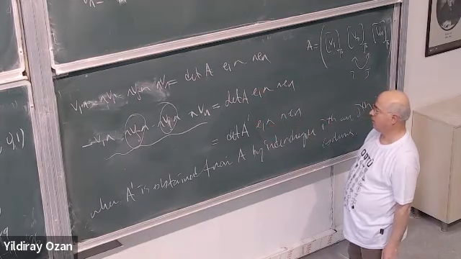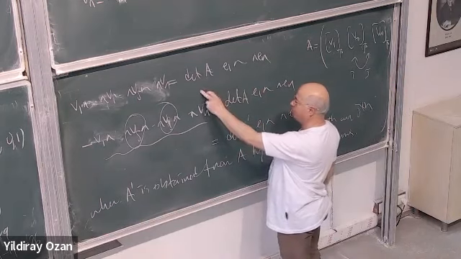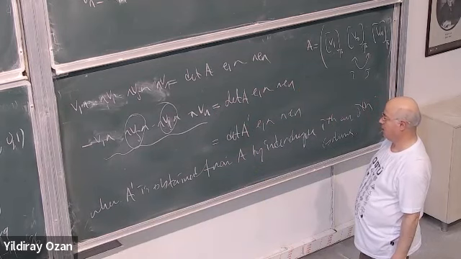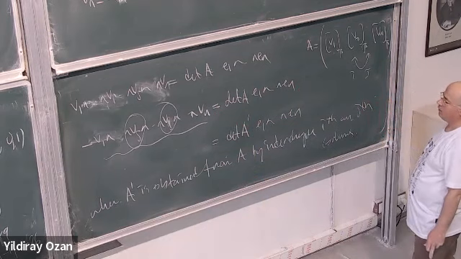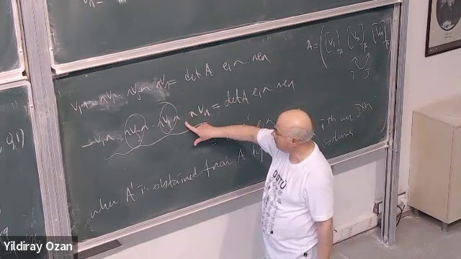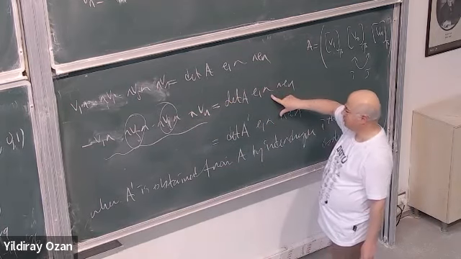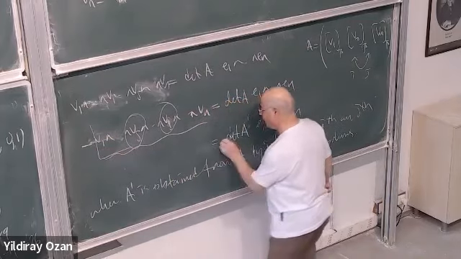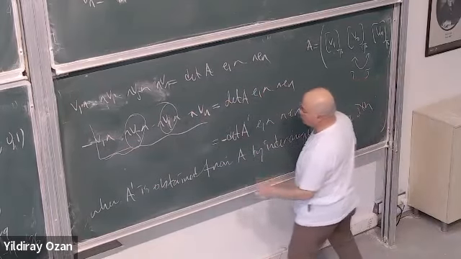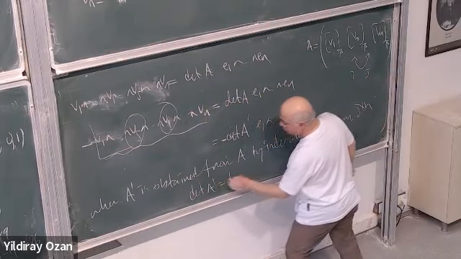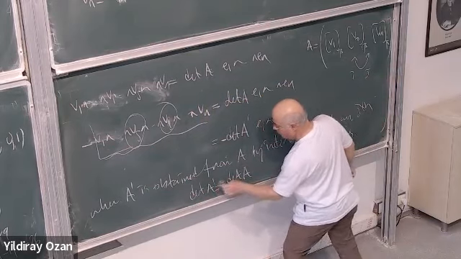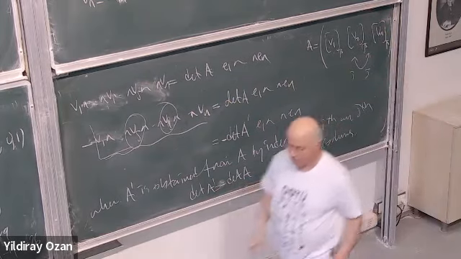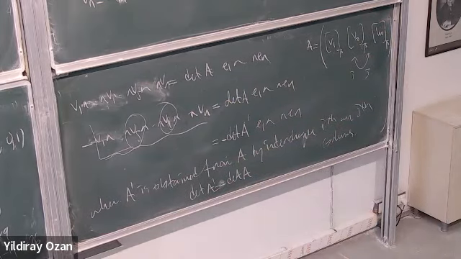It will be the negative. So the determinant of A prime is equal to minus the determinant of A. So if I interchange two rows, sorry, columns, I obtain a minus sign.